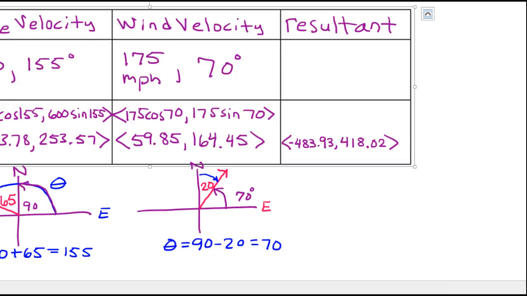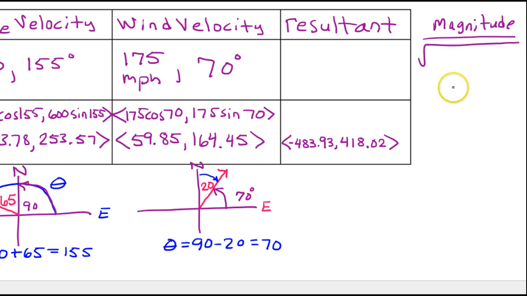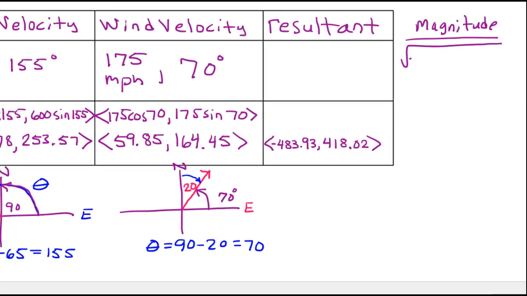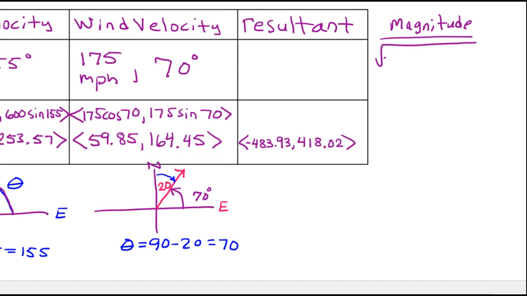I think I'll do the magnitude over here. We can get the magnitude by using the magnitude formula. I'm going to need even more space. Let me just spread this out.